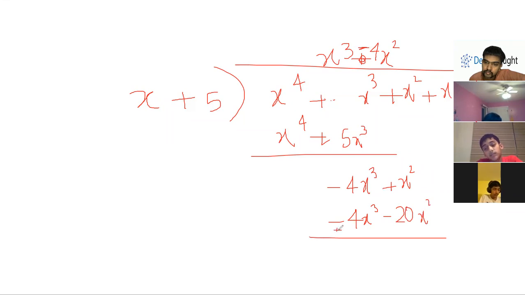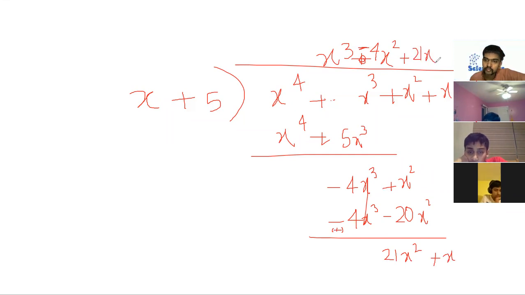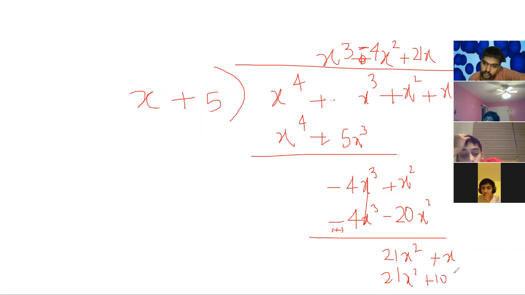x squared. 21x. Would it be minus 19x squared? Just a question. That minus of minus, no? Yes, minus.